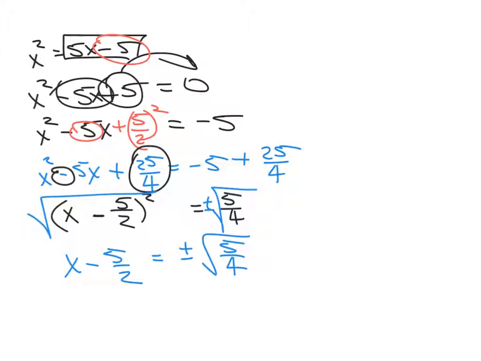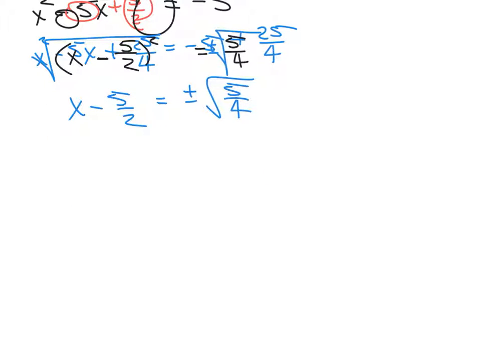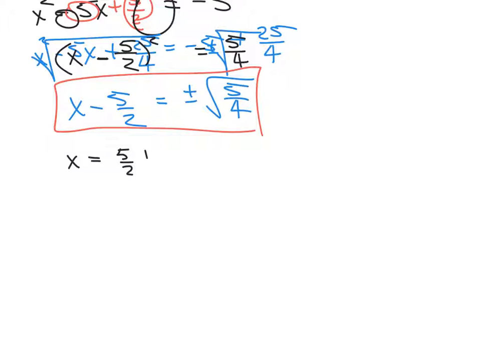Okay, so there's a few things we're going to do here yet, but at least we know that this is where we're at so far. Alright, so we're going to move the 5 halves over. Okay, this right here is what we're going to look at.